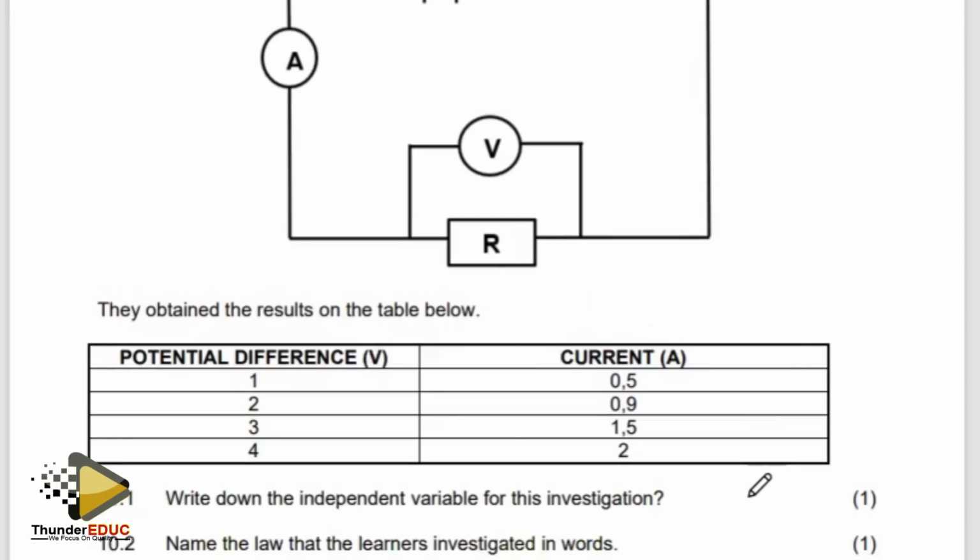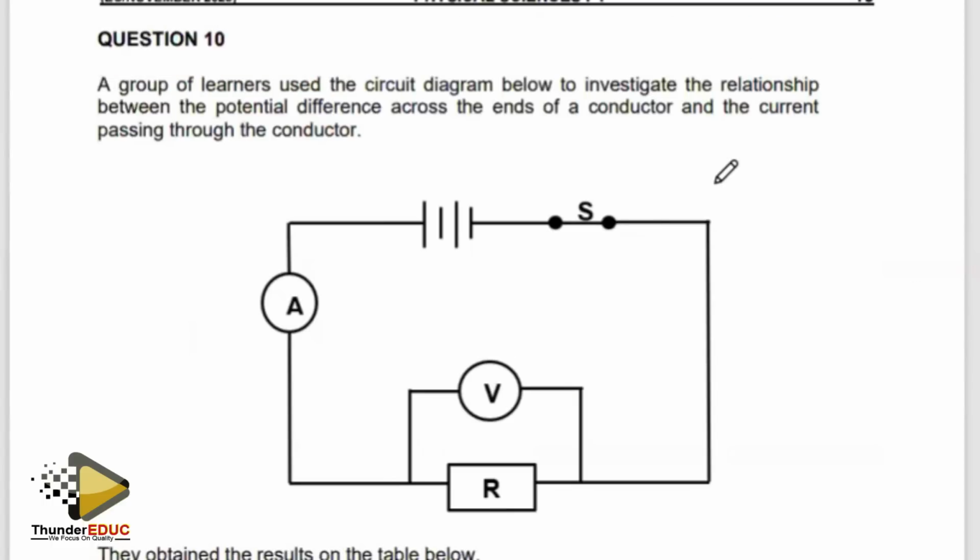Write down the independent variable for this investigation. Now we know that the independent variable is basically the variable that is not affected, the variable that hardly changes. So in any case, when we're talking about circuit diagrams, there is always a constant, which is the temperature.